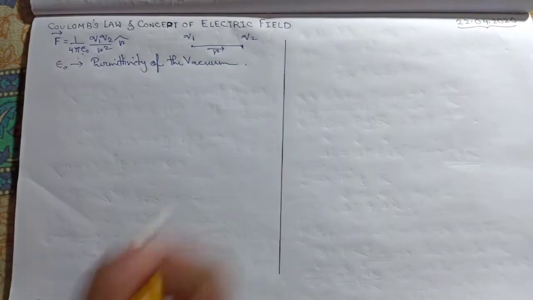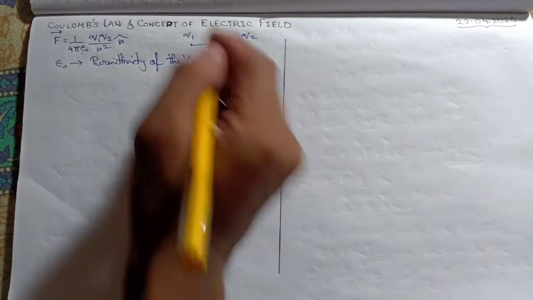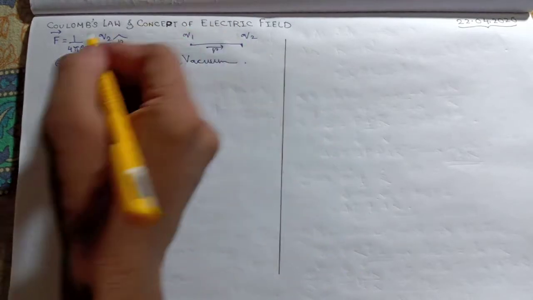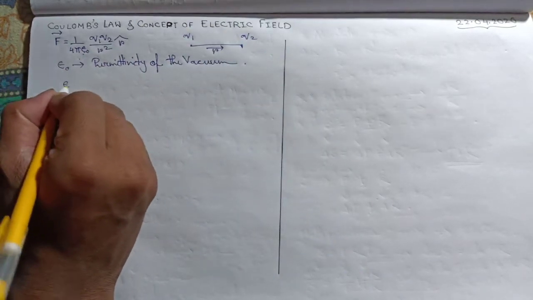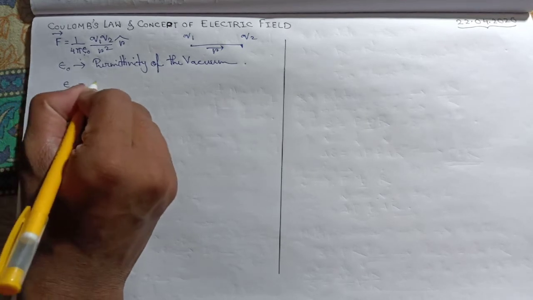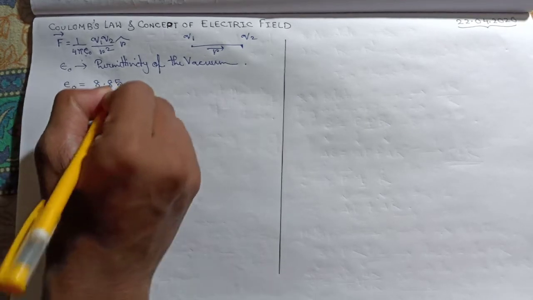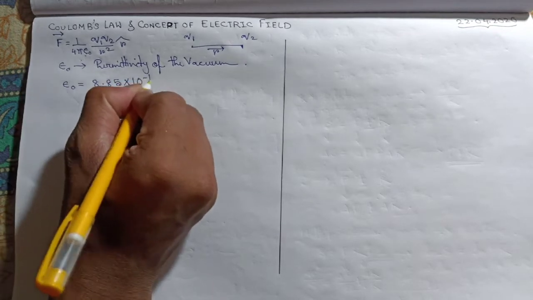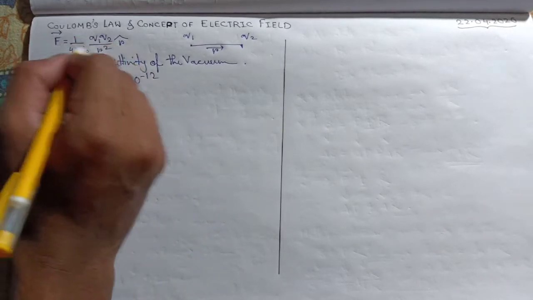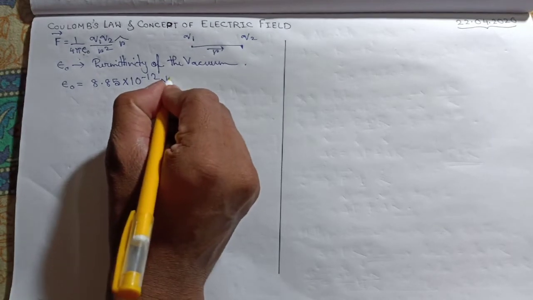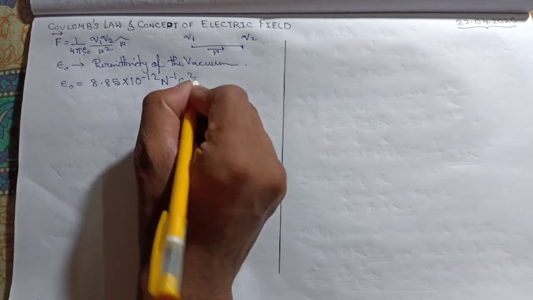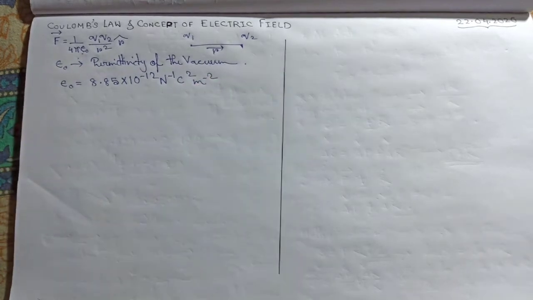We assume that these two charges are in vacuum. That's why this constant comes as epsilon naught, which has a standard value of 8.85 into 10 to the power minus 12, and the unit you can derive from this equation: Newton inverse Coulomb square meter inverse, that is C squared N inverse m inverse 2.